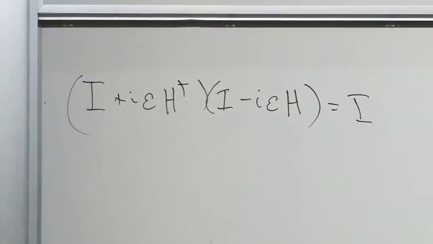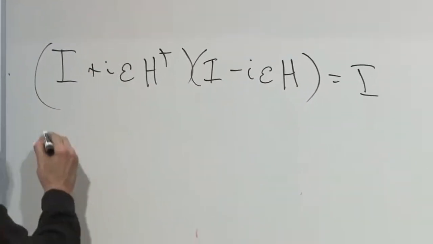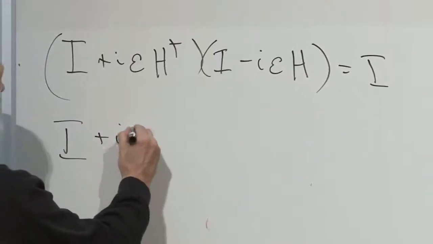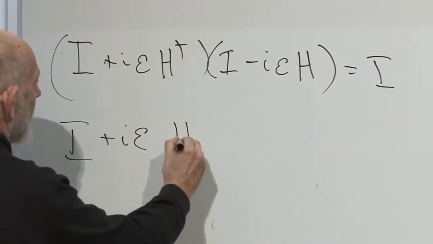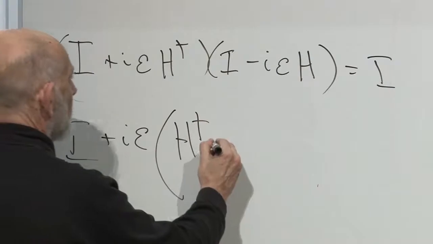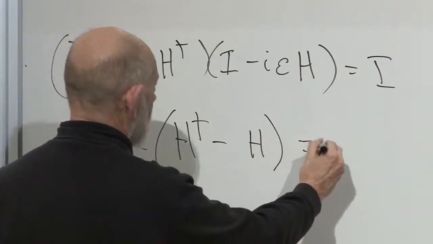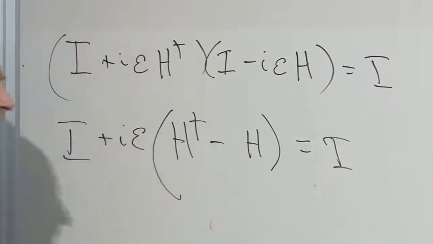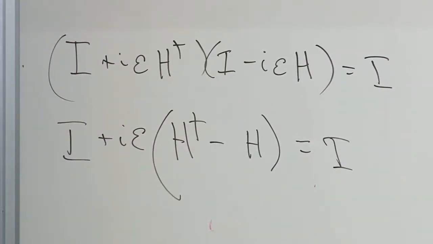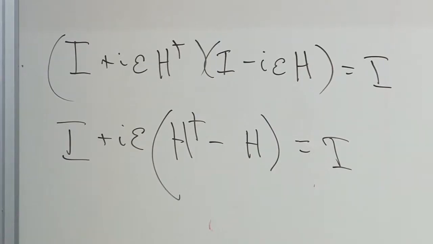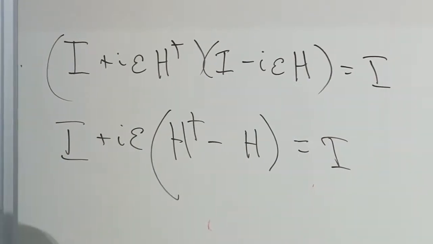And now just expand it out to order epsilon: 1 plus i epsilon times H dagger minus H equals 1. As I said, that's just to the approximation that epsilon is so small that its square can be completely ignored compared to order epsilon. All right, so the ones cancel.